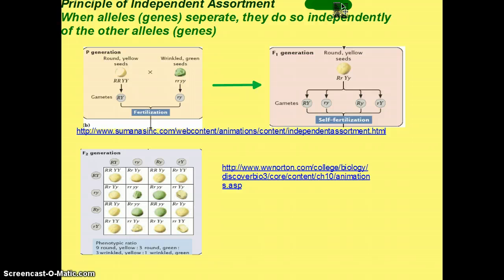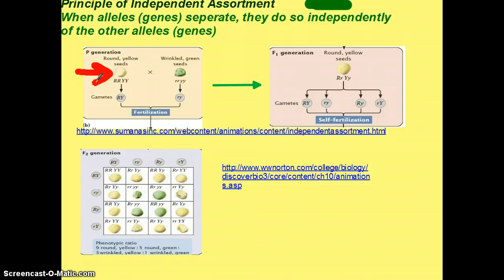There's no set order. And I'm going to show you a couple of different diagrams, so hopefully this makes sense, and then I'll show you a video. But when you have a parent here, here are my parents, we know what about those parents? They're purebred. For how many pairs of alleles? 2.